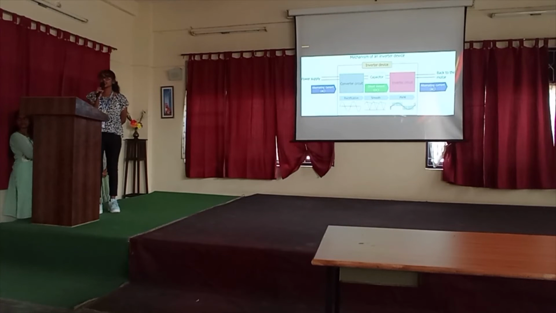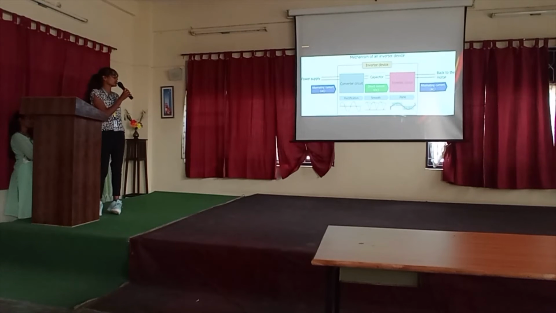DC is known as direct current, which makes voltage or current go in one direction, and AC is known as alternating current, which changes direction over time. Here we can see the power supply and the motor. The converter circuit converts the alternating current to direct current, and this process is known as rectification.